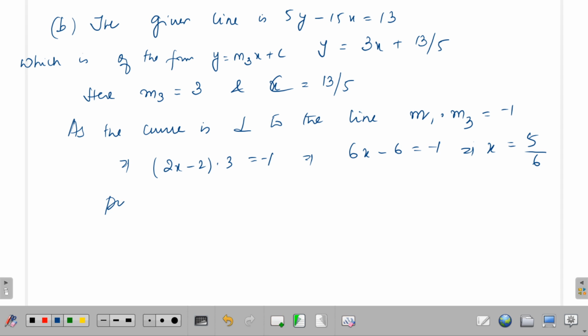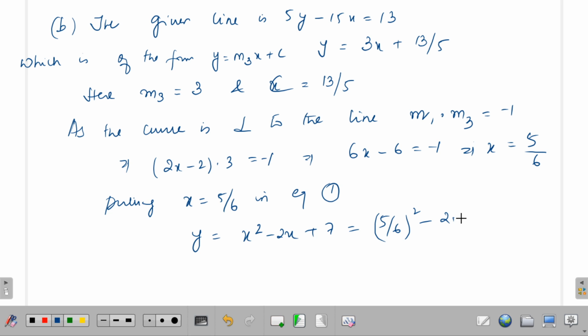So putting x is equal to 5 by 6 in equation number 1, I'll get y is equal to, sorry, that's not 2, it's y is equal to x square minus 2x plus 7. So that will be 5 by 6, the whole thing squared, minus 2 into 5 by 6 plus 7.